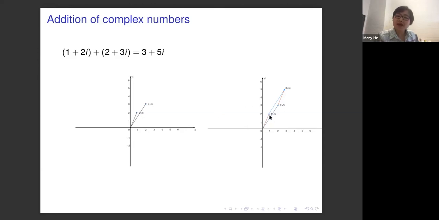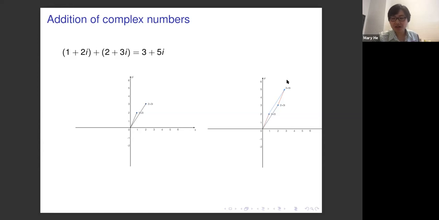So what we do next is we draw a parallelogram. So we just parallel transport this red guy, so the line connecting 0 and 1 plus 2i, so that we get the third side of the parallelogram. And we can also move the line connecting 0 to 2 plus 3i up. So in the end, we can get this parallelogram by just parallel transporting these two line segments.